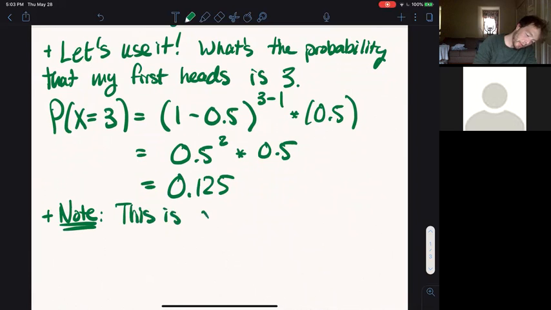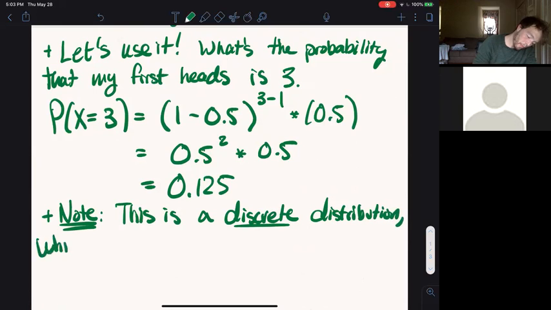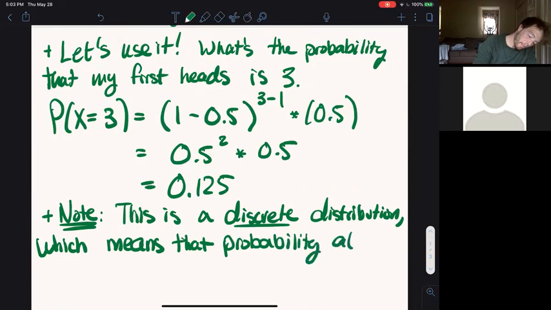So something to note here: this is a discrete distribution, which means that probability at a point is meaningful.